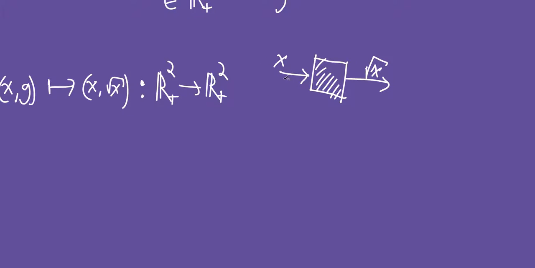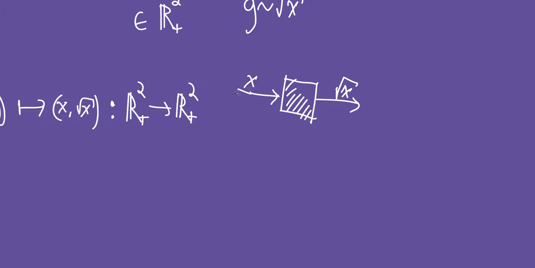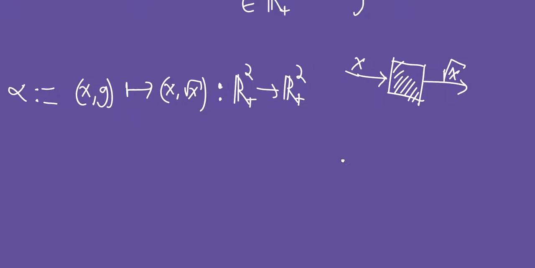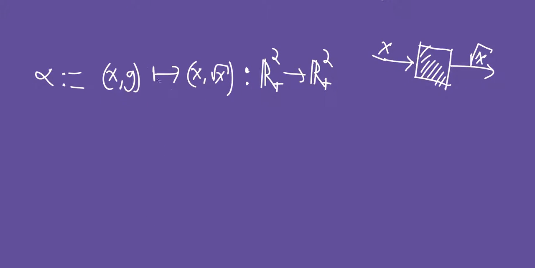And you can solve problems with black box abstraction by starting with your inputs and your outputs. I don't know anything about alpha except that I know its input and its output. And that's just the place to start.